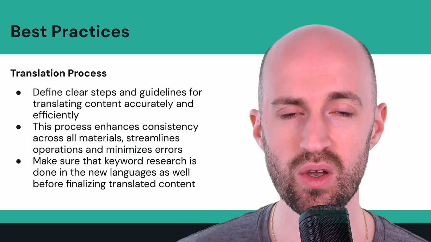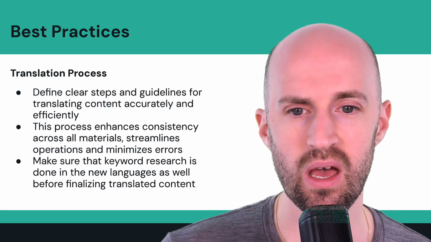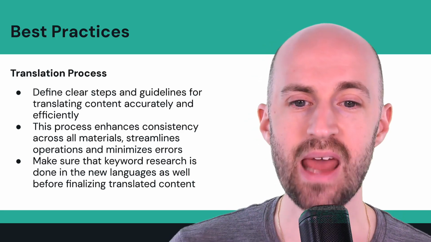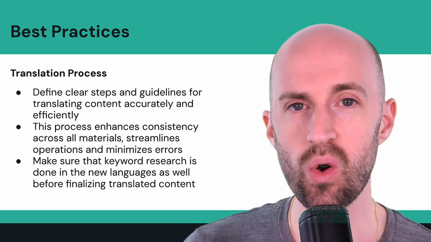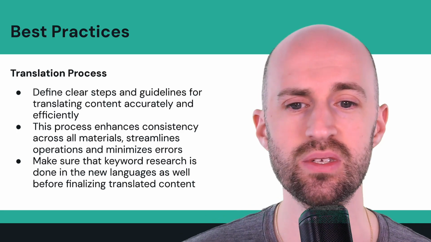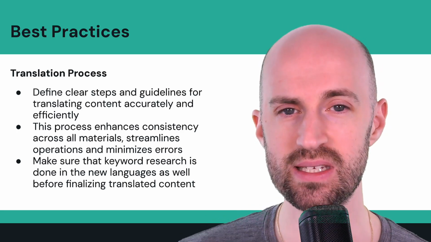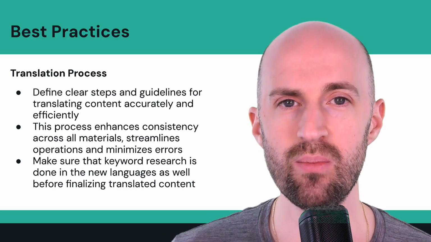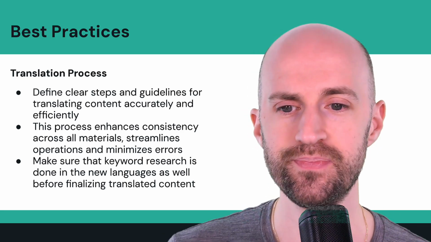So you might want to create a document to outline some of those guidelines. Now, this process that you will create will enhance the consistency across all the materials that you translate. It will also streamline your operations, and it minimizes any translation errors. So it creates a really good framework for you to go off of.